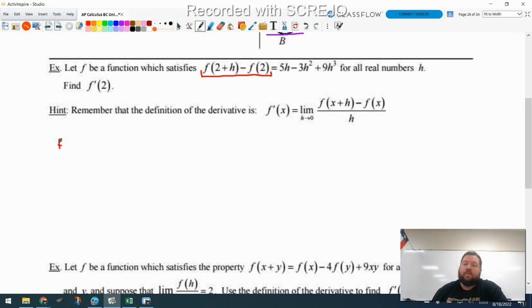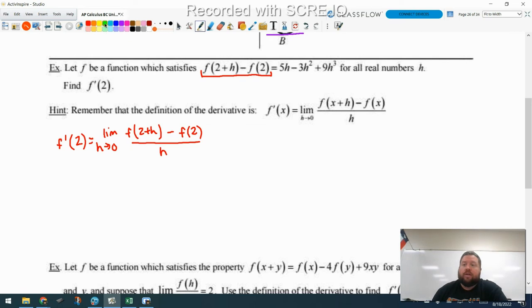So what you should be able to do is rewrite this limit right here. f prime of 2 is equal to the limit as h approaches 0 of f of 2 plus h minus f of 2 all over h. And then we know that this numerator is equal to this over here. That's very helpful because every term over here has an h. We're going to be able to divide out.